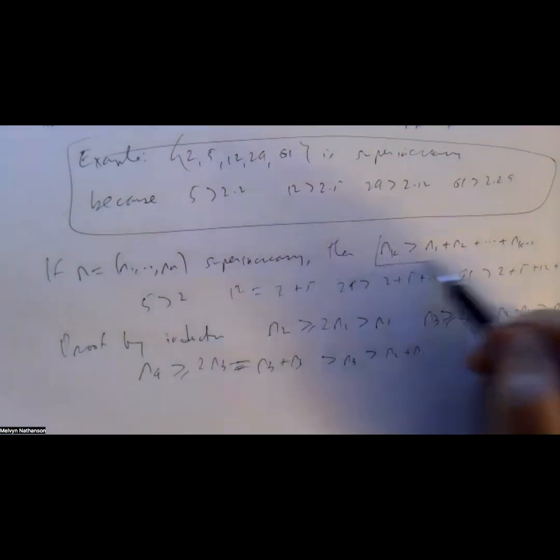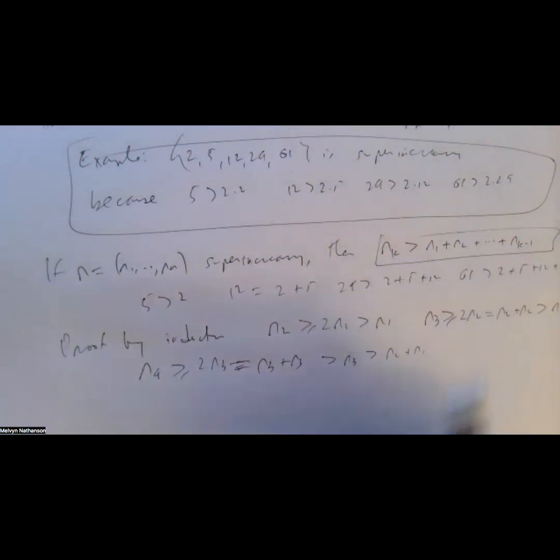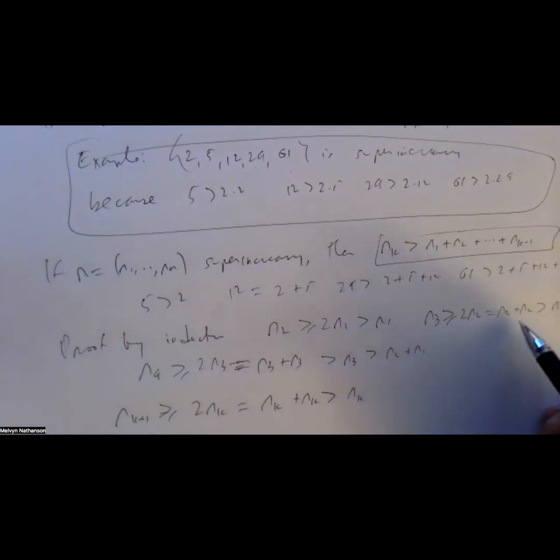And in general, if this inequality holds for k, then r_{k+1} is greater than or equal to 2r_k, which is r_k plus r_k, which is greater than r_k, and the other r_k is bigger than all this.